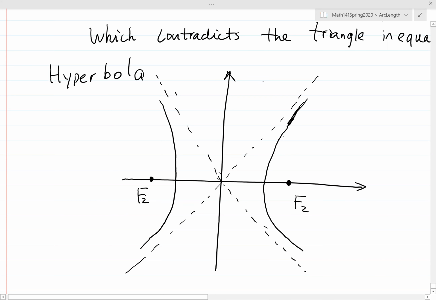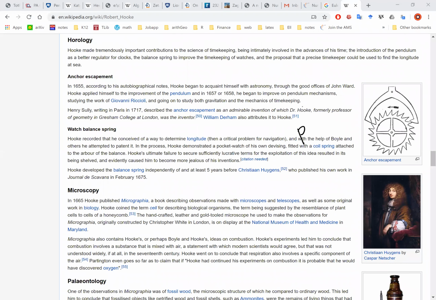Suppose we have a beam of light in the direction of point P. We start from some geometric property and then conclude how light is reflected on this hyperbola.